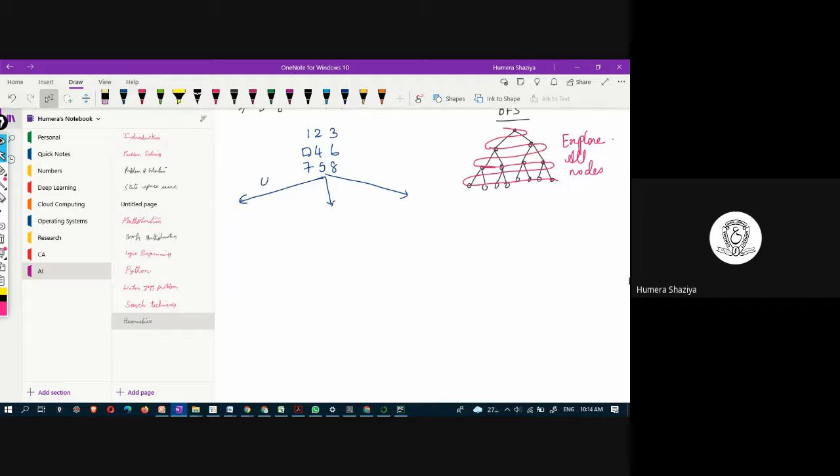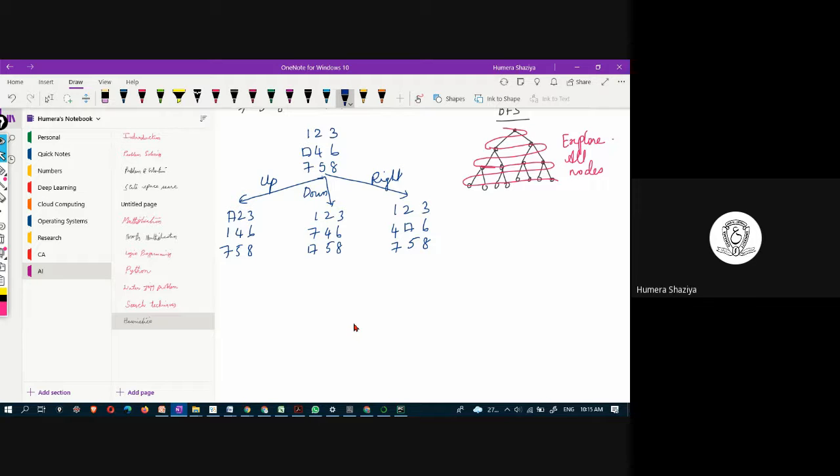Up: it is empty 2, 3, 1, 4, 6, 7, 5, 8. When we take it down, it would be 1, 2, 3, 7, 4, 6, empty 5, 8. When we move it to the right, it is 1, 2, 3, 4, empty 6, 7, 5, 8.